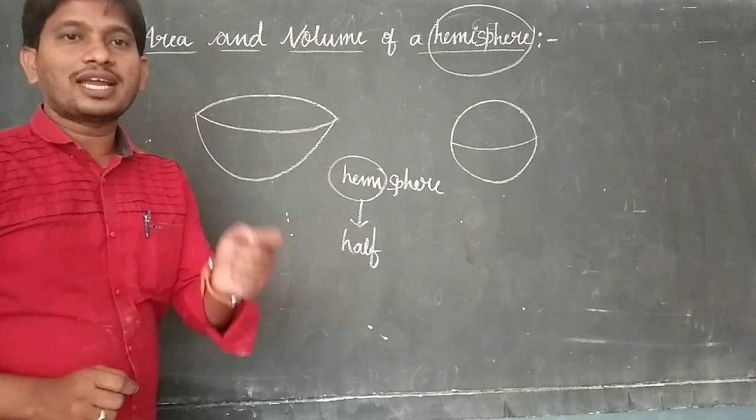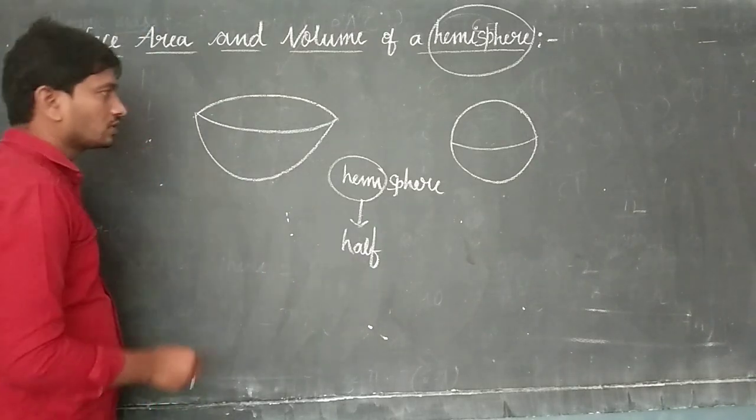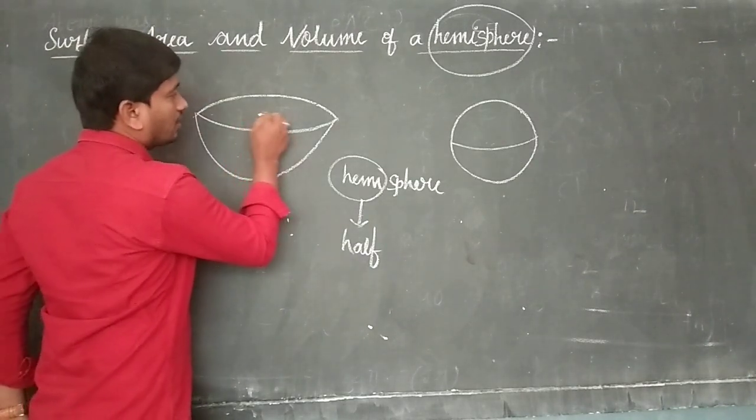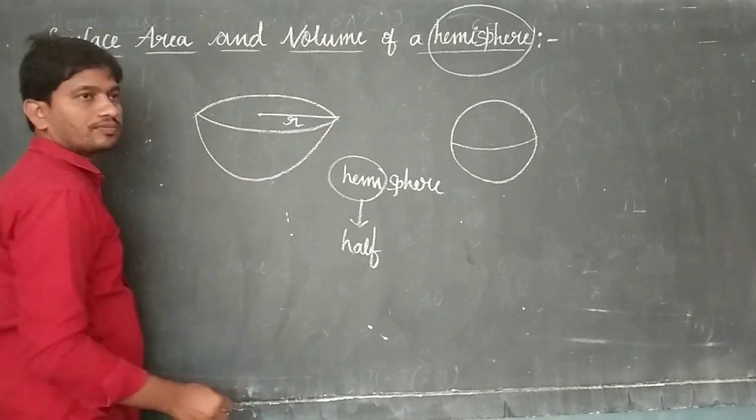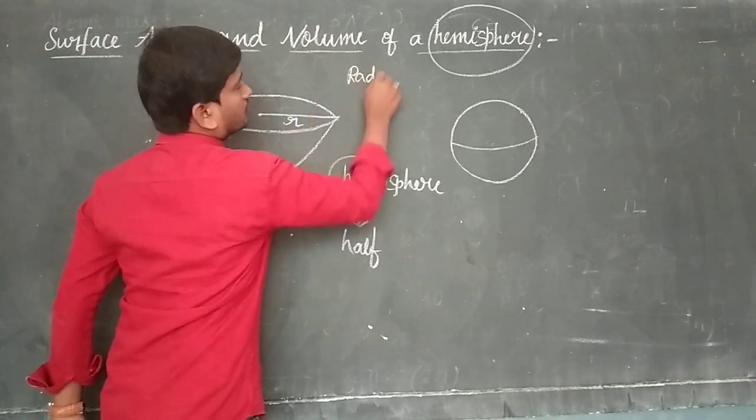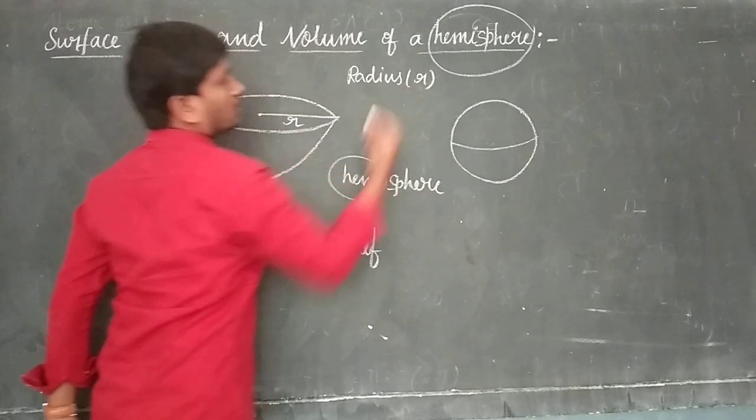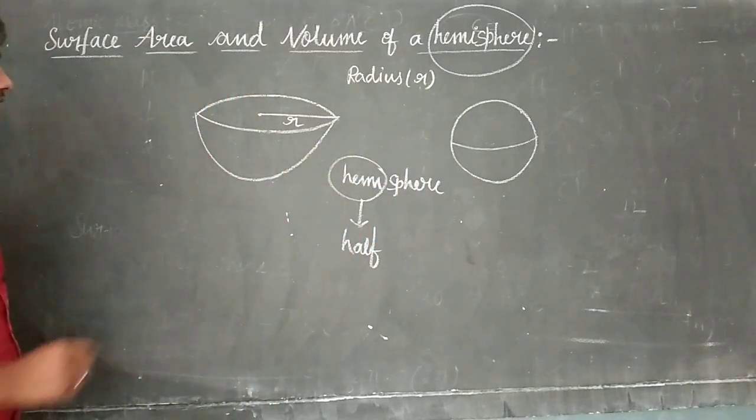And what are the dimensions of a hemisphere? Its dimension is radius.